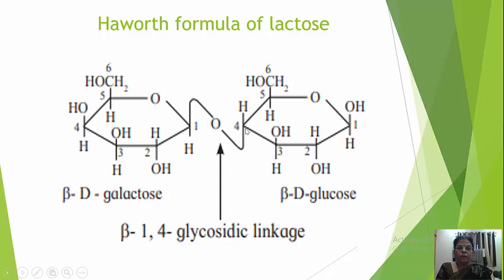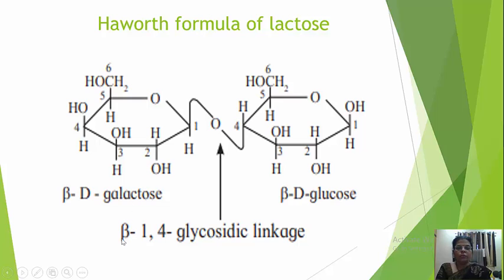Now here why 4? Because the beta-D glucose uses hydroxy group present at the 4 number carbon atom, and here removal of H2O molecule takes place to form C-O-C linkage, that is etheric linkage, ether oxide linkage, that is C-O-C linkage.